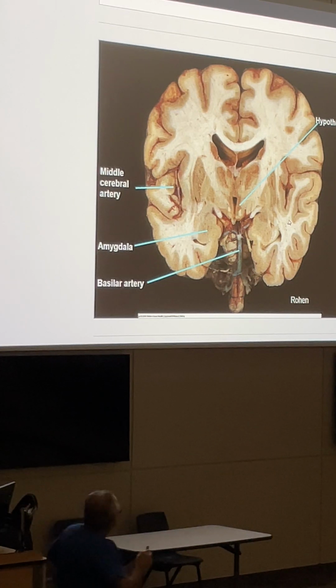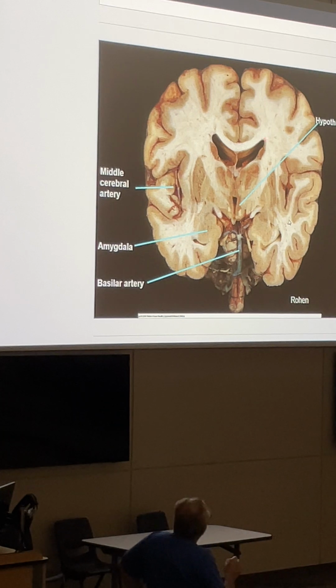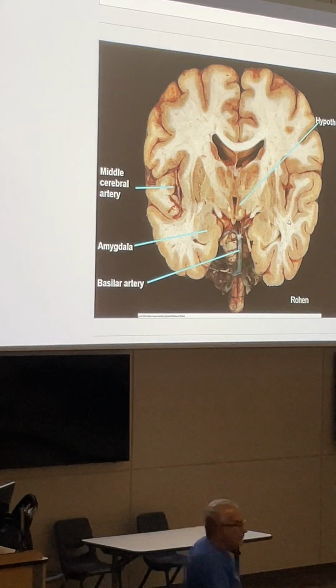Coronal section, right and left hemisphere, corpus callosum, septum pellucidum, fornix. You all agree so far? What's the name of that tiny granulation there? Choroid plexus, right? What is that dark nucleus? Body, perfect.